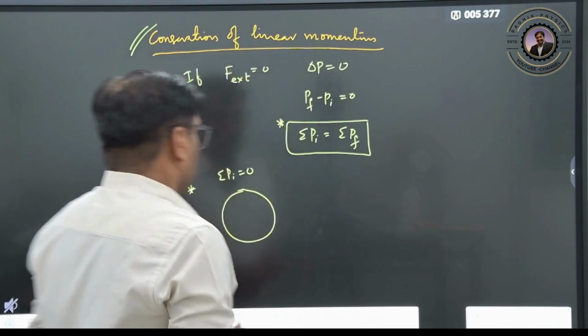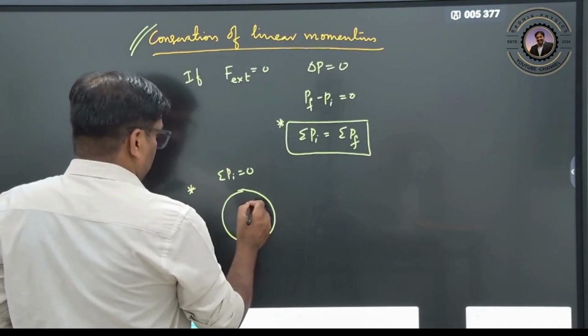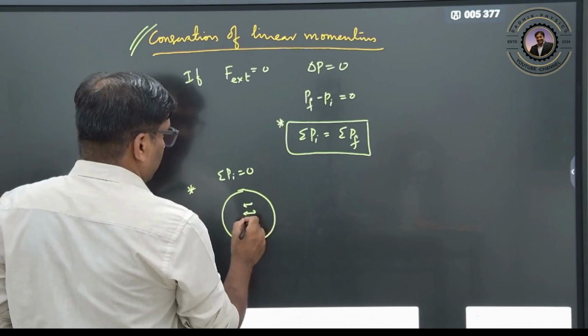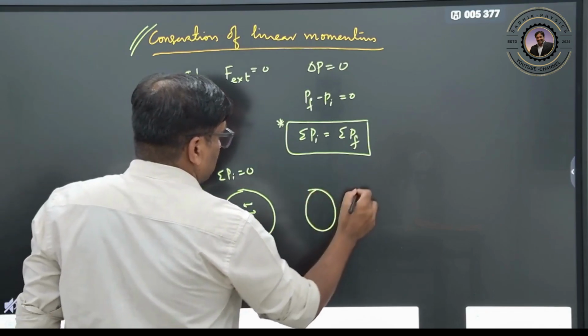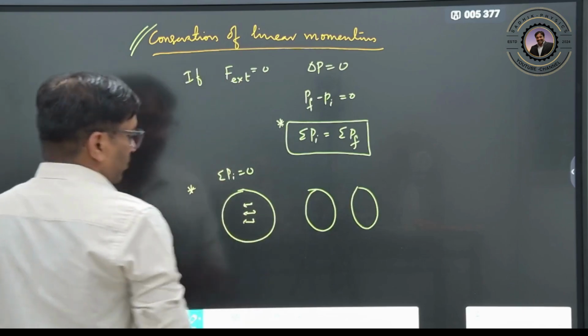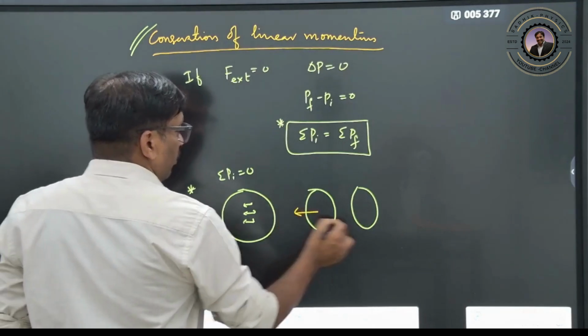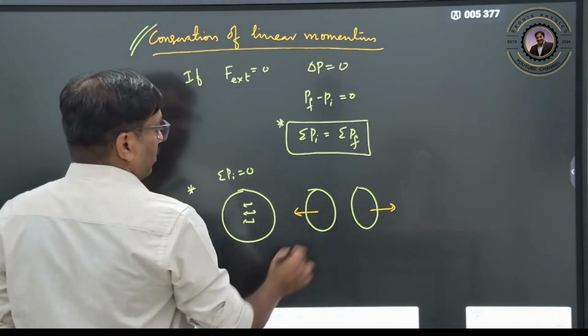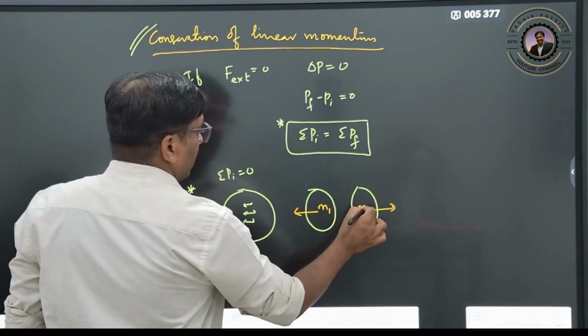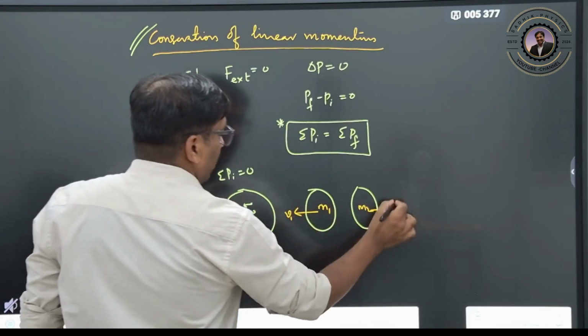Clear? So due to internal forces, suppose it breaks into two parts. What will happen now? Definitely these two parts will go in opposite directions. It has m1 and m2, with velocities v1 and v2.